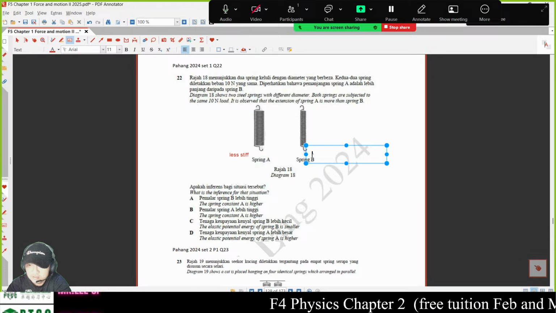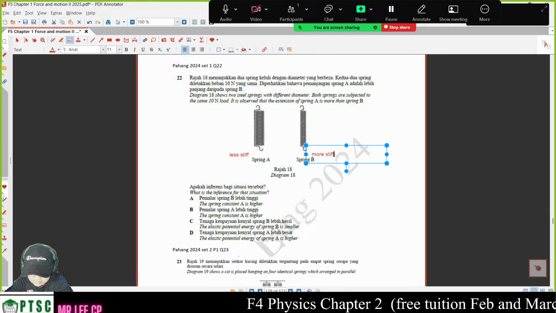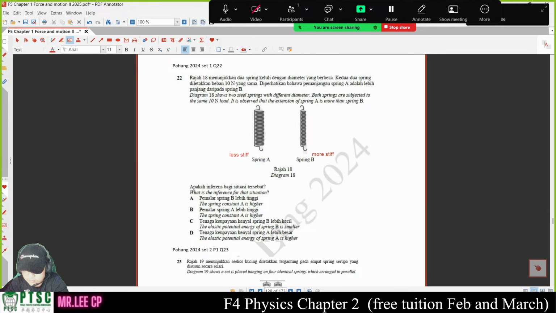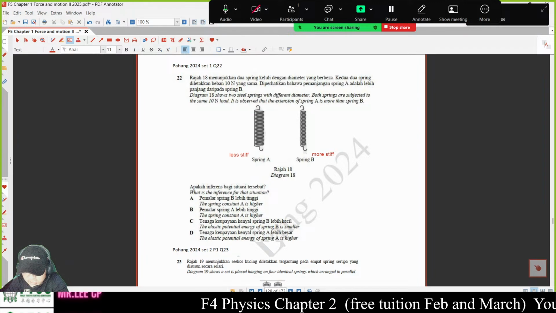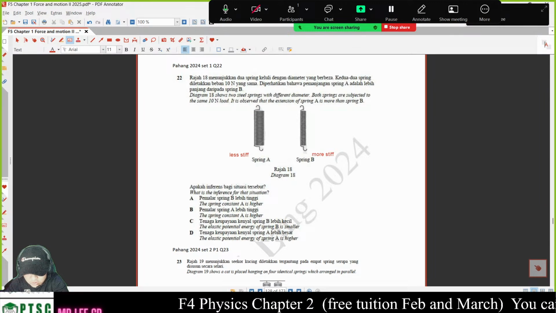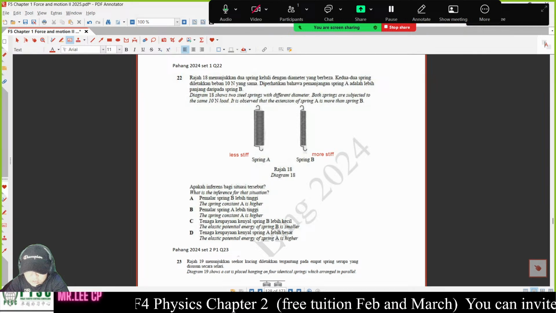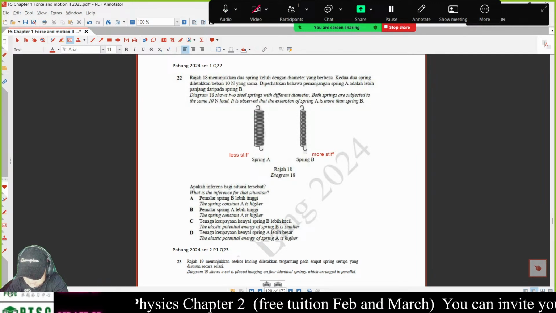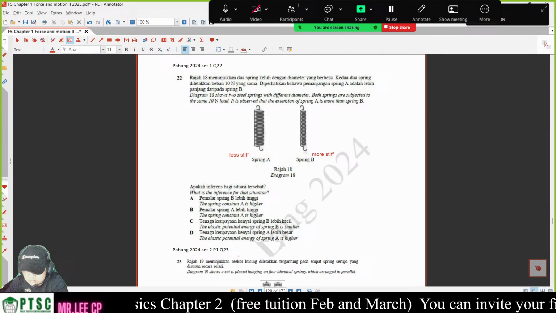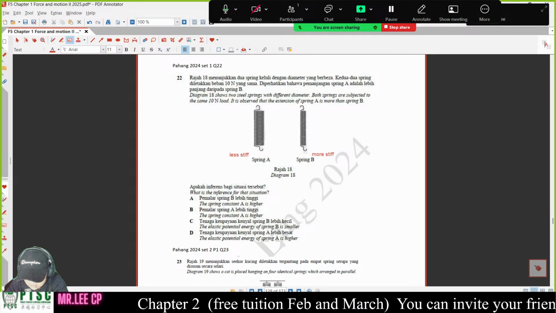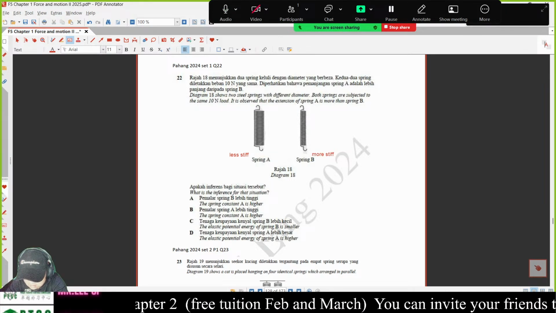Alright, this is more stiff. Spring constant A is higher, yeah? No. Less K. Right, this is wrong. Spring constant A is higher? Huh?